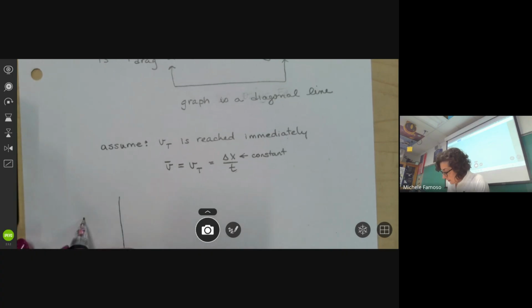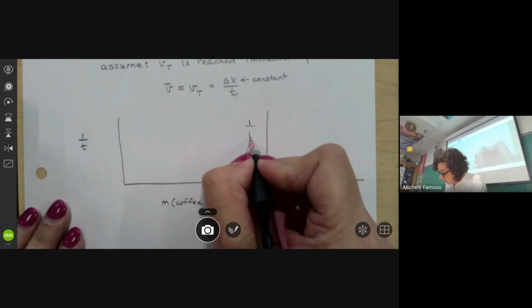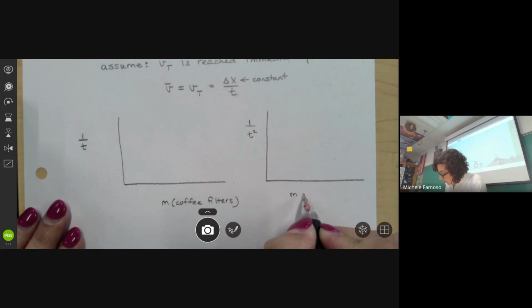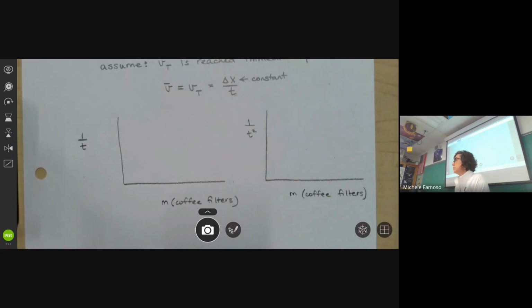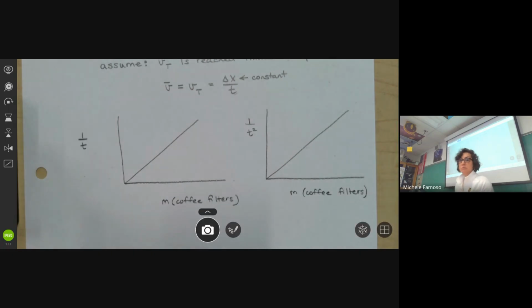You can plot this versus 1 over time, and if it's speed squared, it would be 1 over time squared. You don't actually have to calculate a speed. Both of these, you're going to make diagonal line graphs.